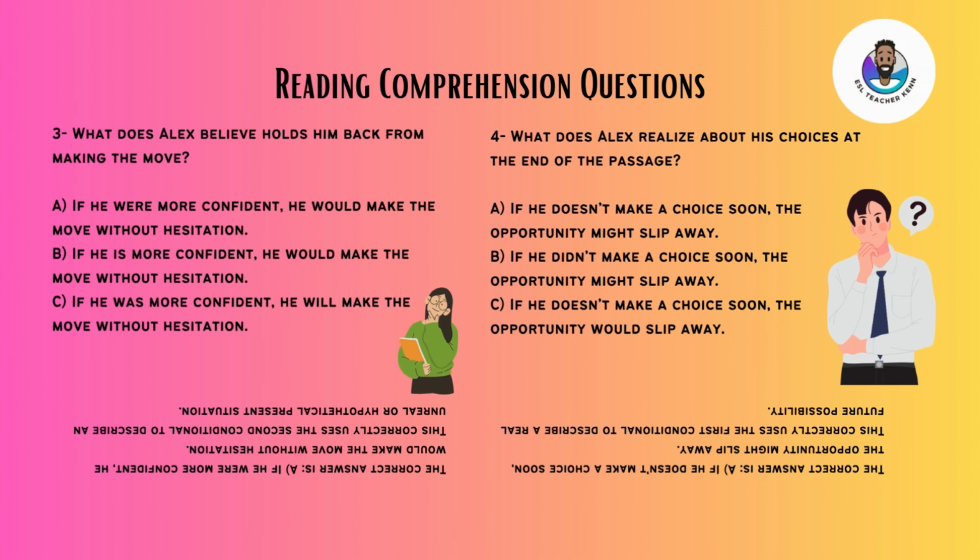Or C. If he doesn't make a choice soon, the opportunity would slip away. The correct answer is A. If he doesn't make a choice soon, the opportunity might slip away. This correctly uses the first conditional to describe a real future possibility.